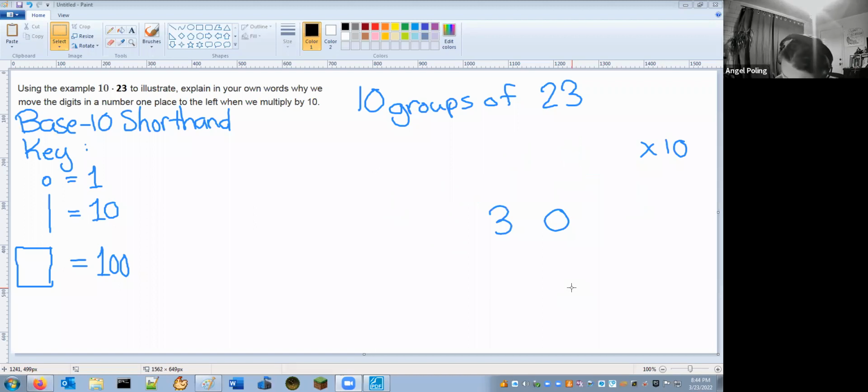Okay, so we are going to use base 10, right? And for starters, what does 23 look like?